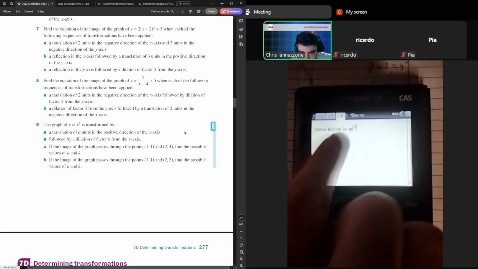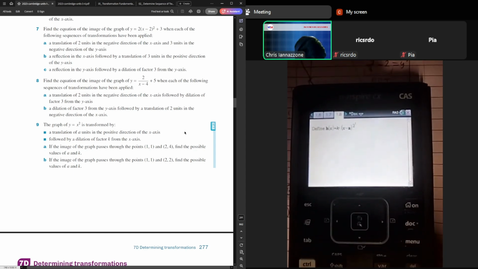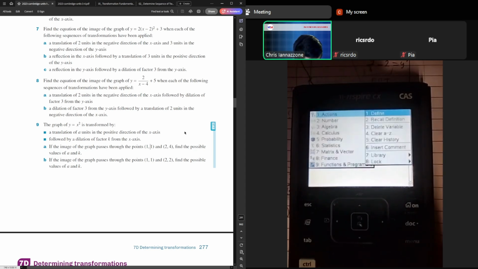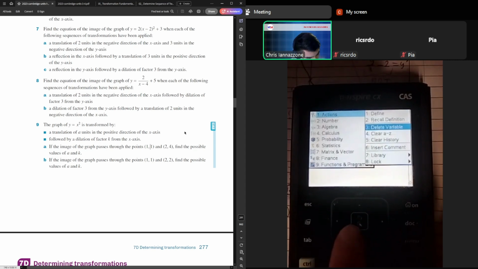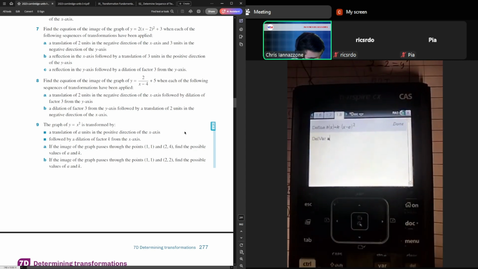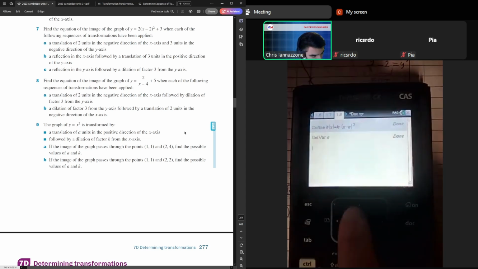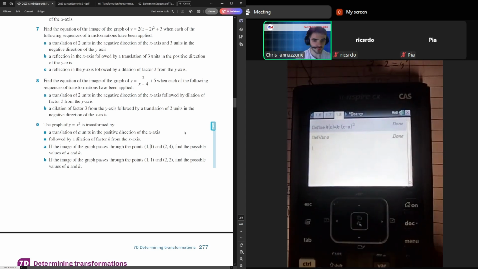My a is bold, which means I'll need to fix that, but we'll fix that. Menu 1. If you've already defined a variable before, then just go delete variable and whatever the variable is. That way you won't have any issues with variables that have been mapped to things that you don't want them to be mapped to.